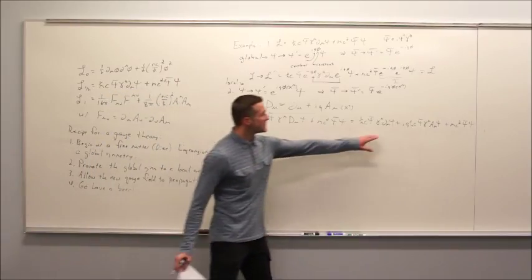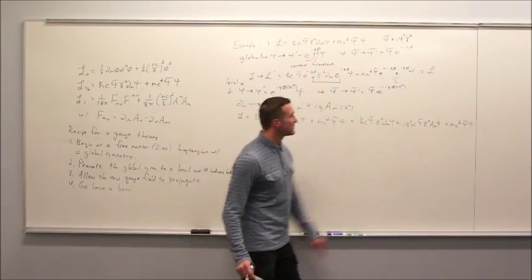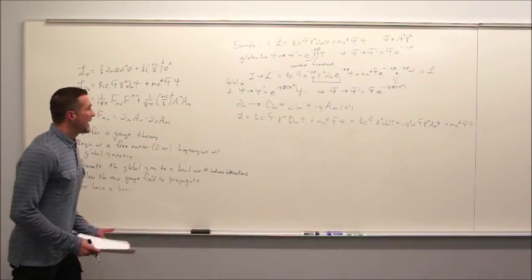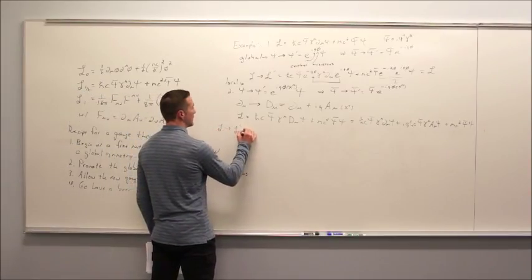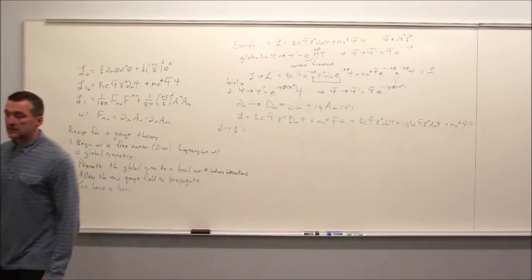To get to here, I just used the definition of that new derivative. And now what I want to do is transform this. Yes? Why are we allowed to do that?